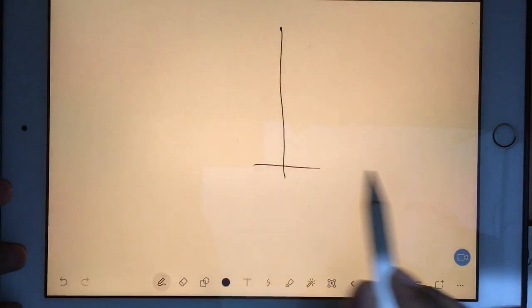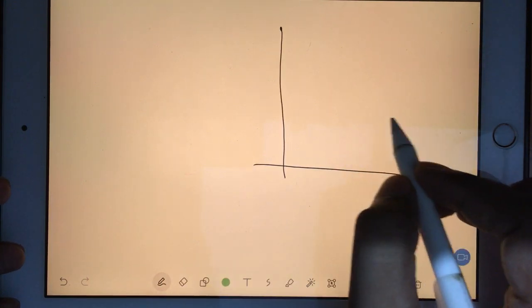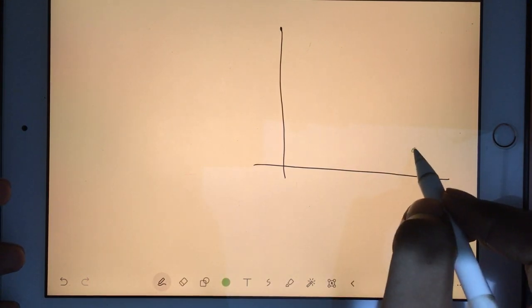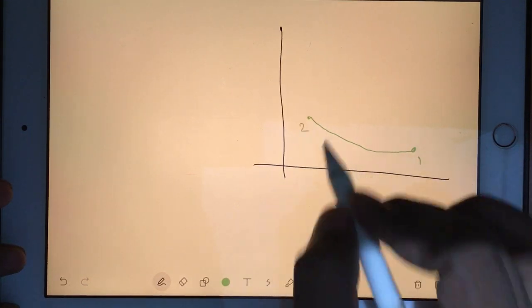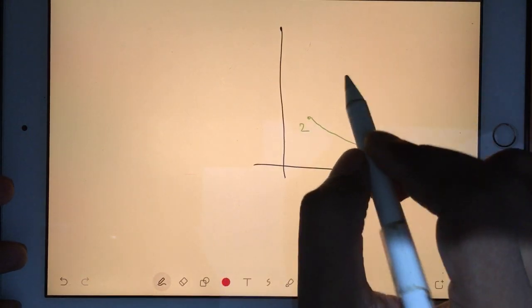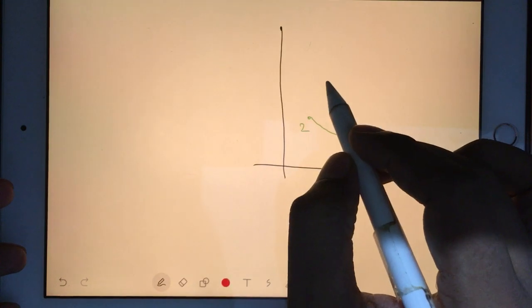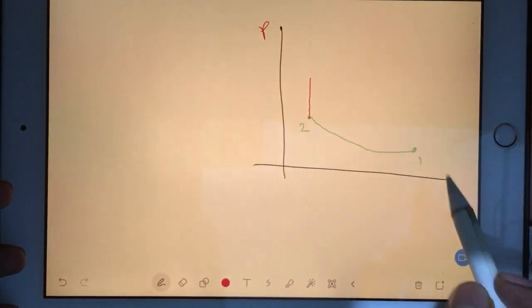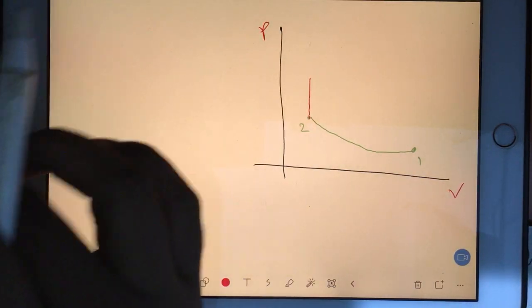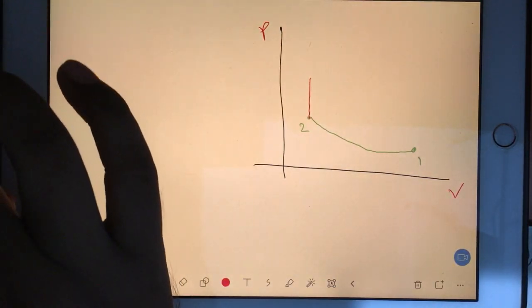In the dual cycle, if I draw it on a PV diagram, first of all we have to compress our gas from 1 to 2. This is state 1 and this is state 2, and then we go for this line, and because it is a PV diagram, that line represents a constant volume line.